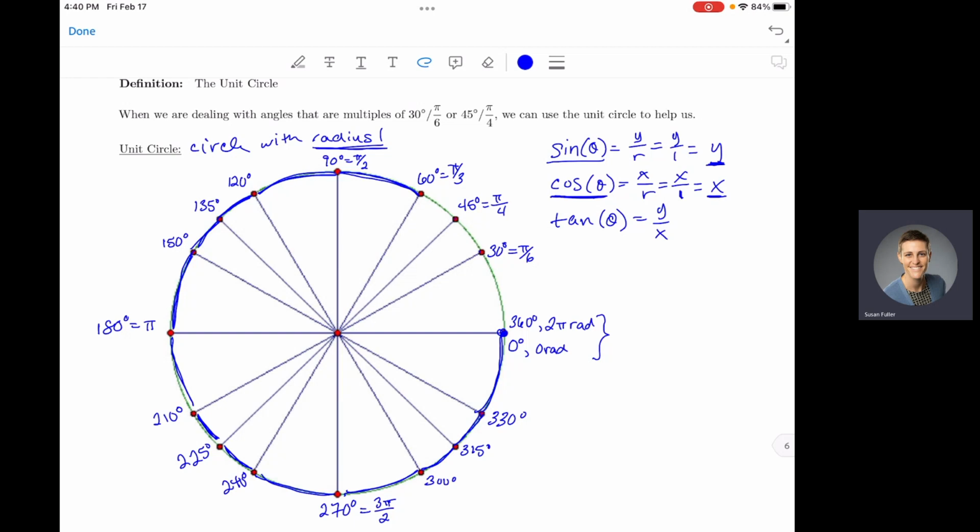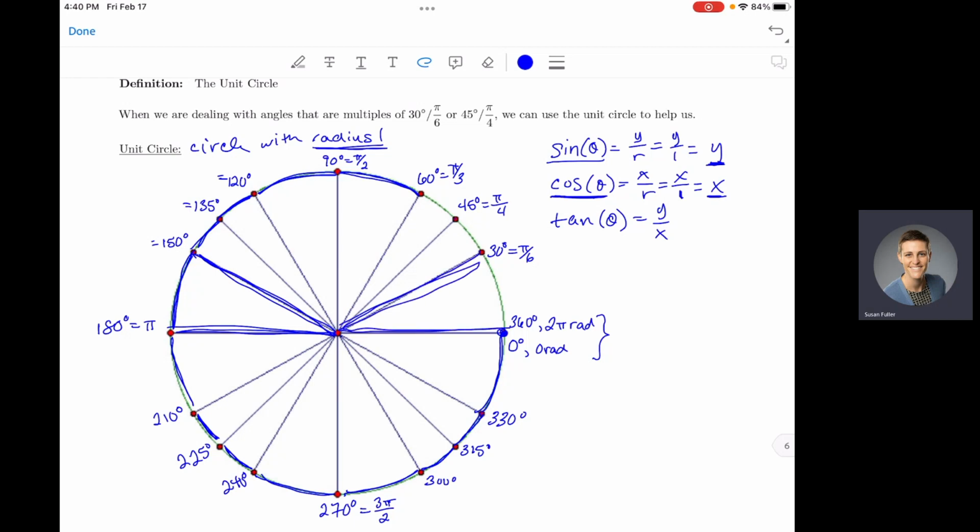And to get our radian measures, what I want you to do is use reference angles and some tricks to help us. Now, this triangle here is the same angle size as this one right here.